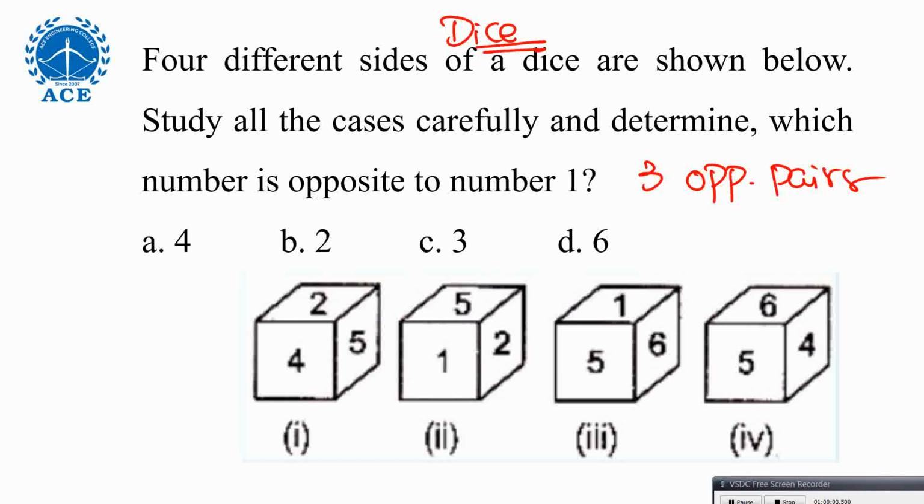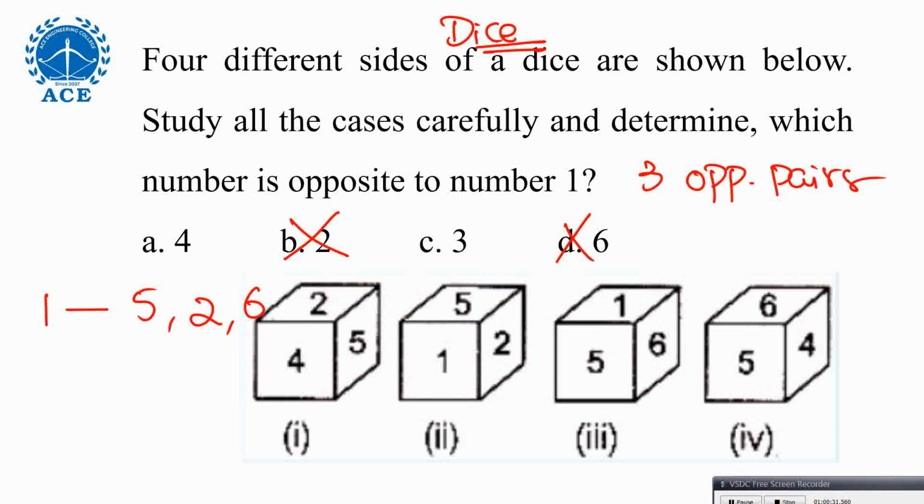In the question they are asking what is opposite to one. Here if you observe the second diagram, what is adjacent to one? 5, 1, 2. So 2 cannot be opposite. Here one is adjacent to 5, 1, 6. So 6 cannot be opposite.